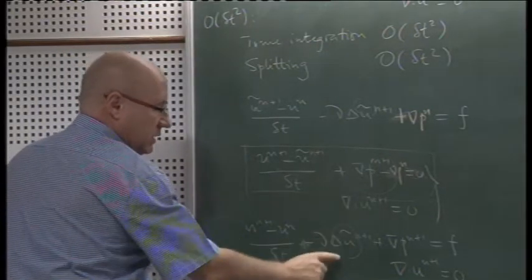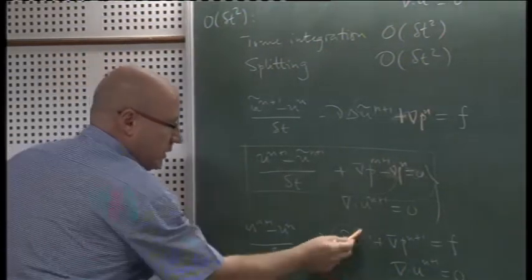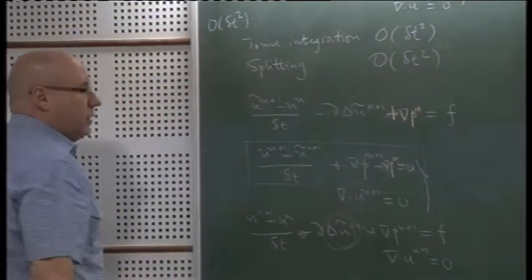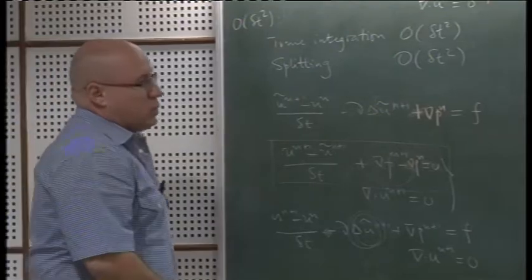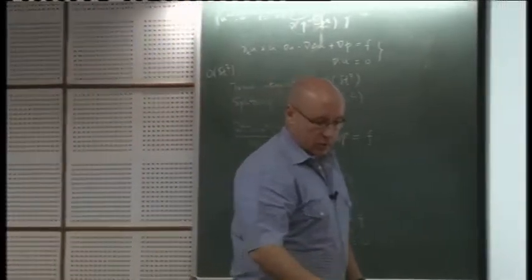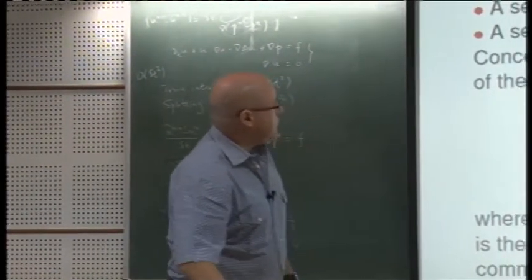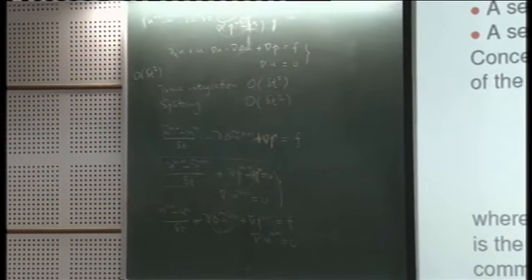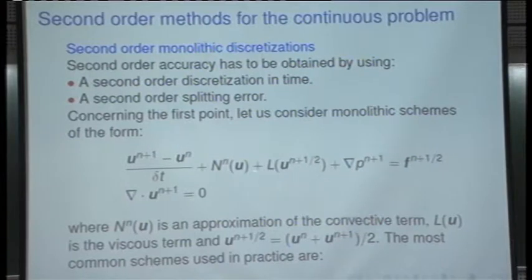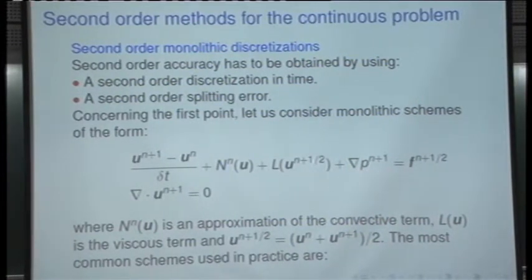Therefore, the splitting error, which is because I have here u tilde instead of u, will be of order delta t square. So that's what second order methods do. To design a second order scheme, first of all, we start with a second order time discretization, for example Crank-Nicolson, which is what is written here.